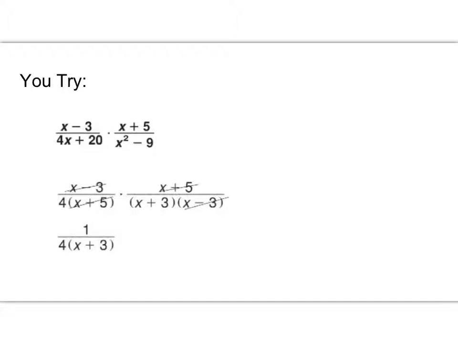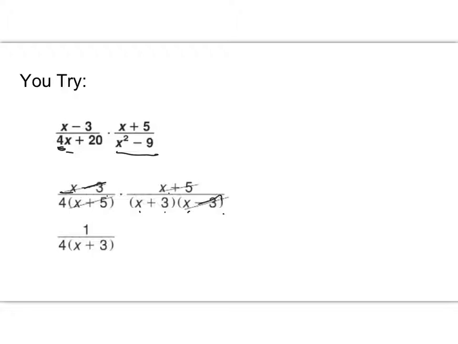All right, x minus 3 times x plus 5 over 4x plus 20 times x squared minus 9. X minus 3 doesn't factor any further, neither does x plus 5, but I can factor out a 4 from this side, and I get 4 times x plus 5. Over here I have the difference of 2 squares, so that factors into x plus 3 and x minus 3.